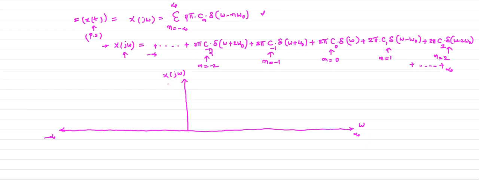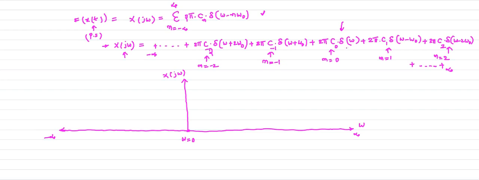So what is the plot of X of j omega versus omega? Here omega is 0. If we put omega equal to 0, this term is only defined at omega equal to 0. Delta of omega is what?